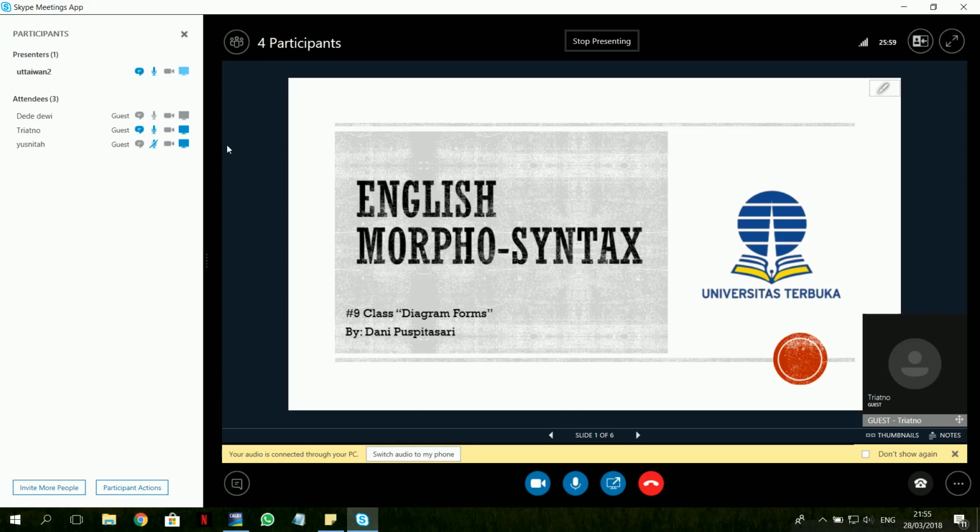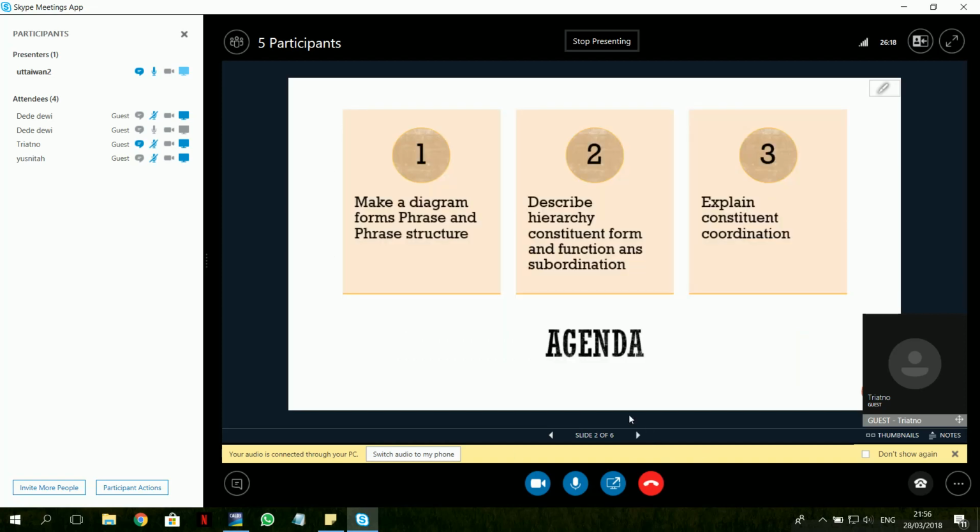Hierarchy, constituent, 8.19. Okay, good. Now, before we go through these pages, I would like to introduce our agenda first. What we are going to do first, make a diagram forms, phrase, and phrase structure.